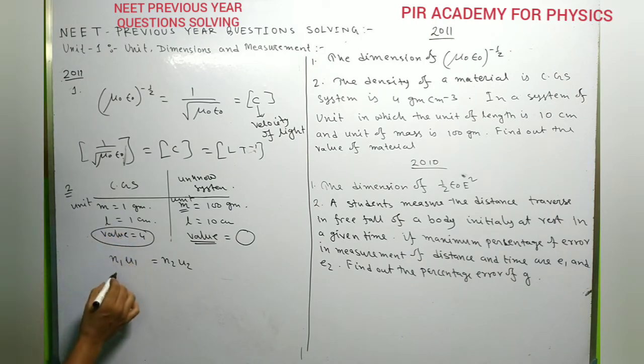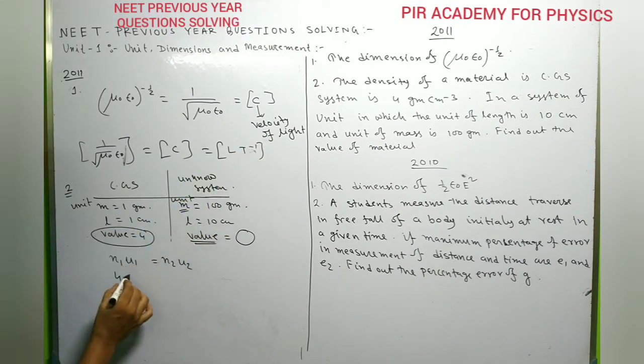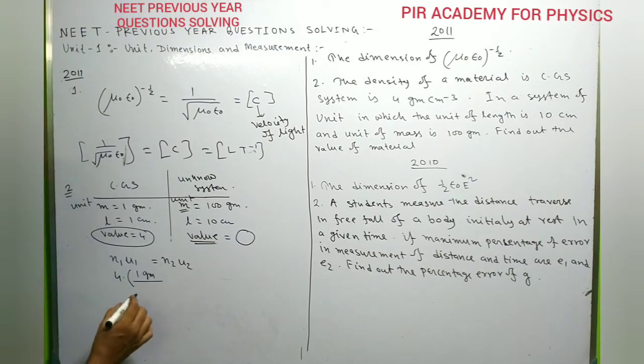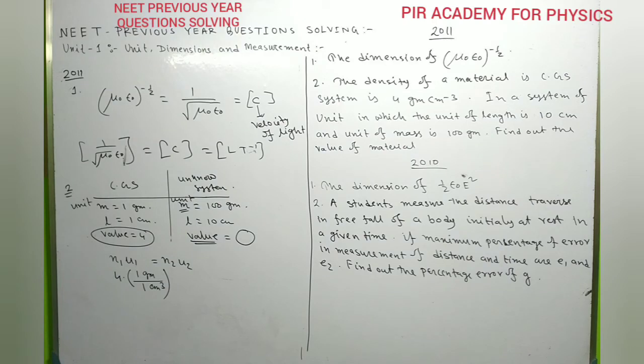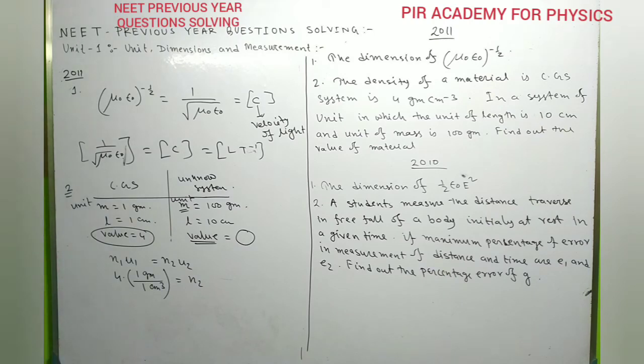So here n1 is 4 and u1 is 1 gram divided by 1 cm cube. This can be written in this way, and here is n2. You do not know n2.